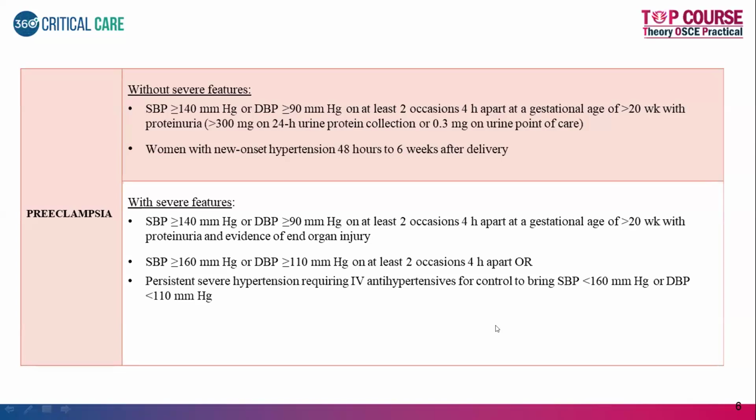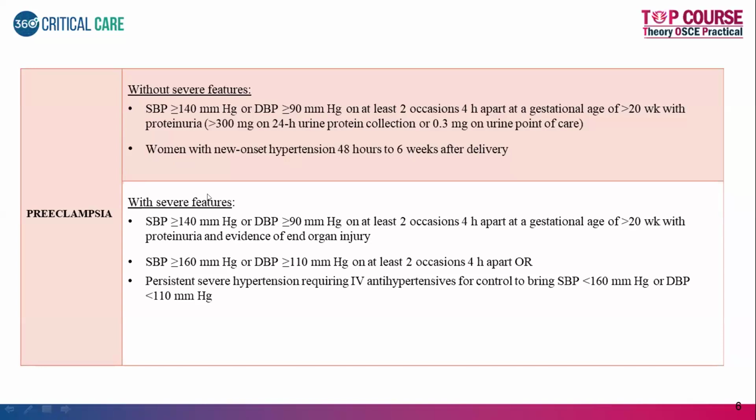Very, very important: more than 300 mg on 24-hour urine protein collection, or if you are doing the dipstick, 0.3 mg or 2 plus dipstick. Or women with new onset hypertension 48 hours to 6 weeks after delivery is also known as preeclampsia.